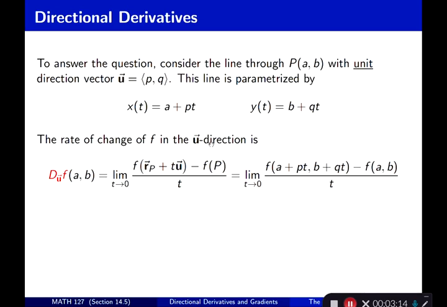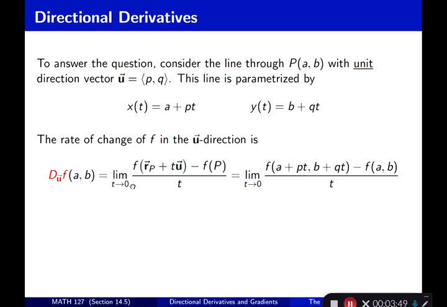So we parameterize the line, therefore f of r sub p plus t times unit vector u is the function at the second point, and then minus f of p is the function at the point where we're finding the derivative.